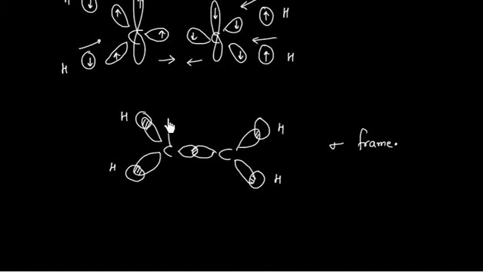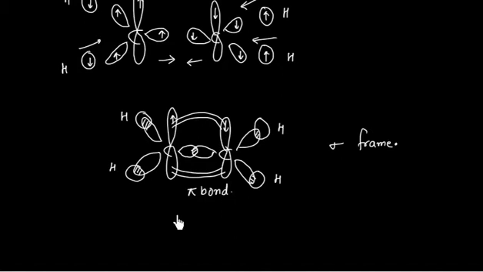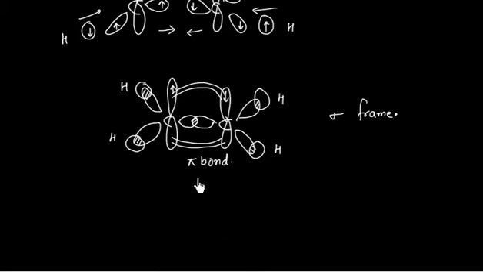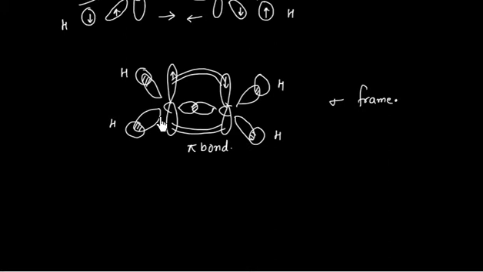And this p lobe will have one electron, and this p lobe will have one electron. These two p lobes can form a pi bond. So this bond is a pi bond. If you see, the alkene molecule is planar in nature.